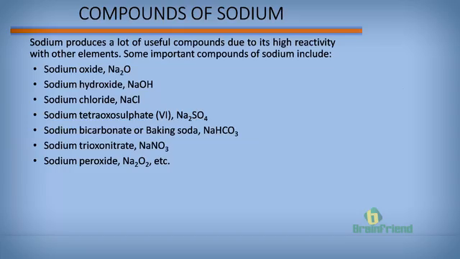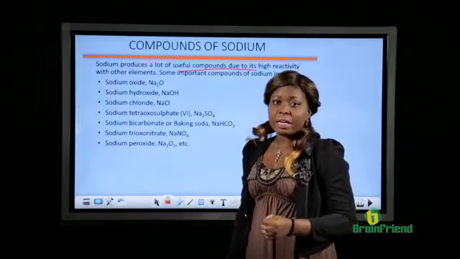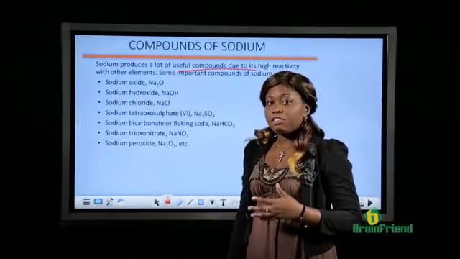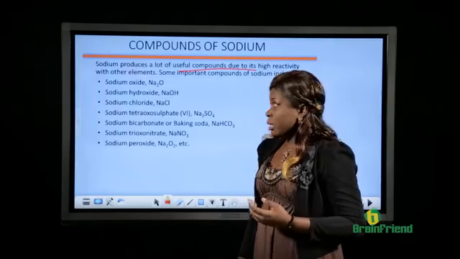We'll be looking at some compounds that the sodium atom, or the sodium metal, forms. Sodium produces a lot of useful compounds because of its high reactivity with other elements. Sodium, as we have said in this lesson, is a very reactive element, and because of that, it forms a variety of compounds with other elements.